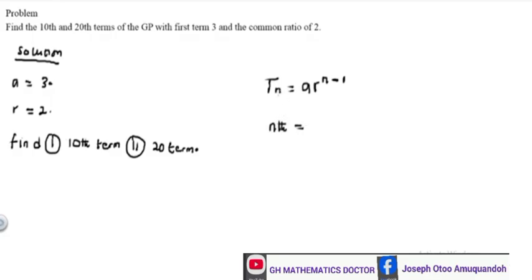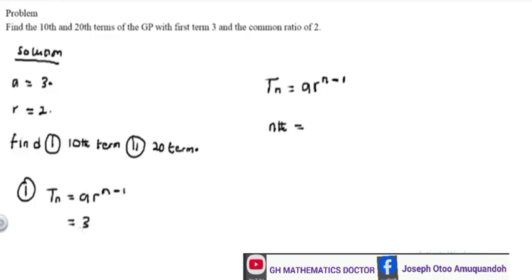So over here the 10th term will be written in place of the n that is given in the formula. So T of n is a r exponent n minus 1.